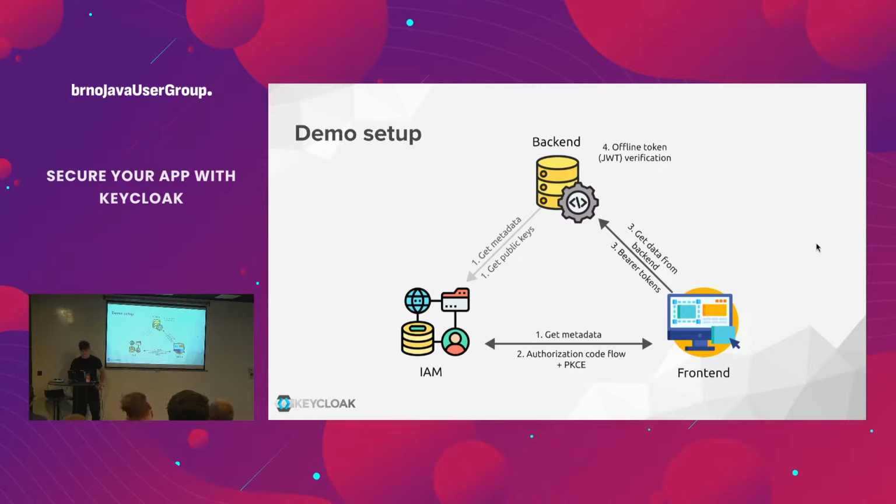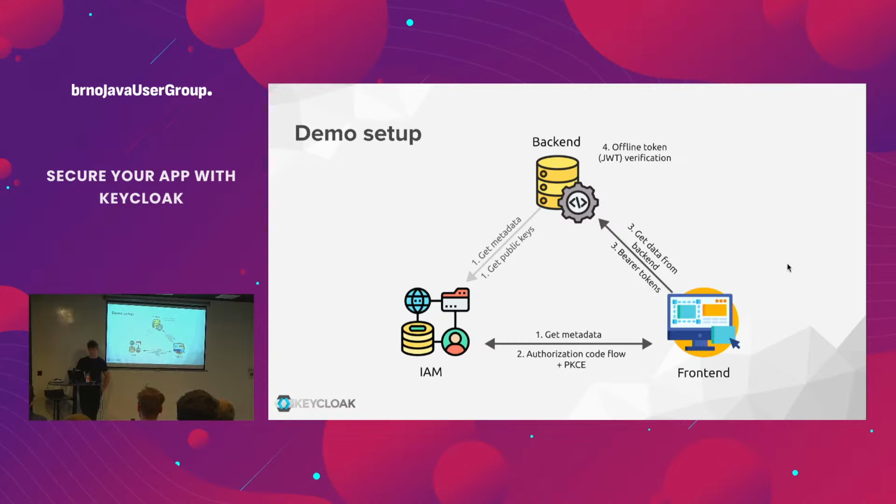The first step that you need to do is to connect all these applications to Keycloak somehow. Not Keycloak specifically, it's based on the standards OAuth 2 and OIDC. It should be vendor agnostic, so it doesn't matter if it's Keycloak or something else. But you need to connect these applications so that the system knows about them, right?